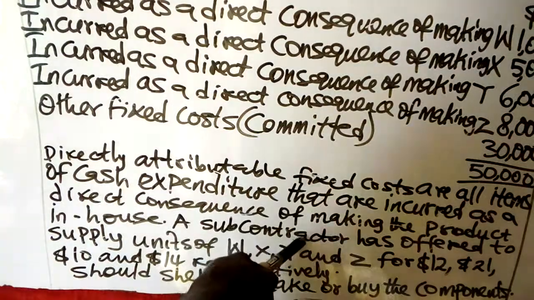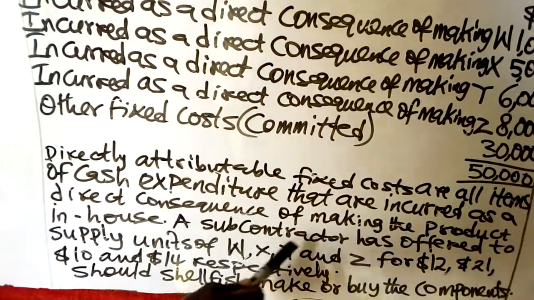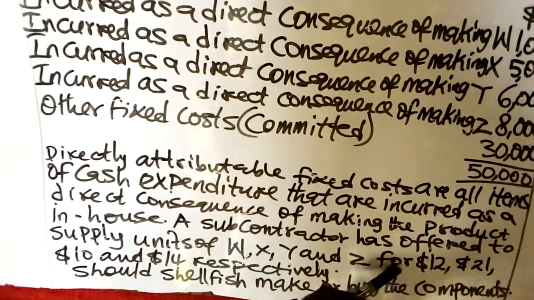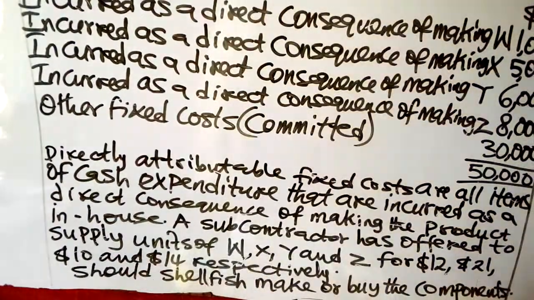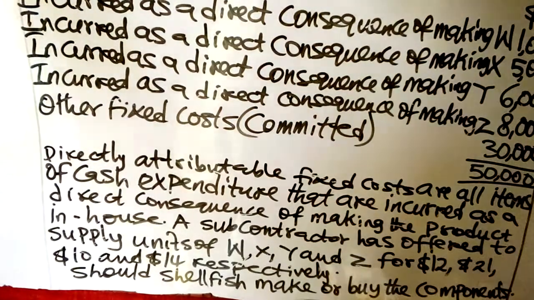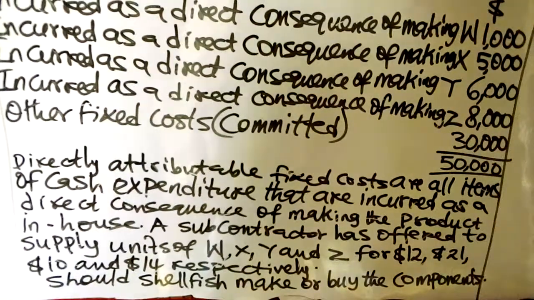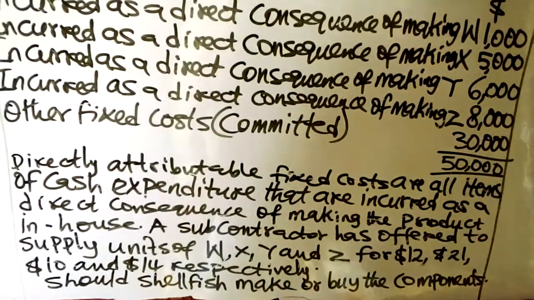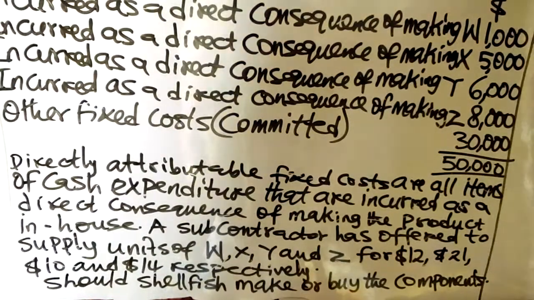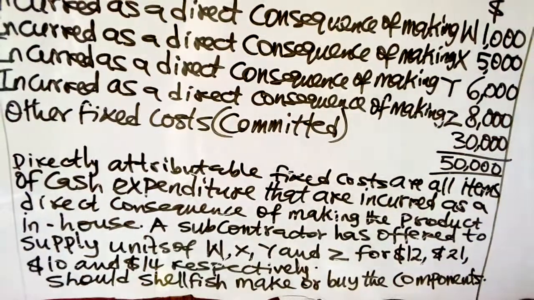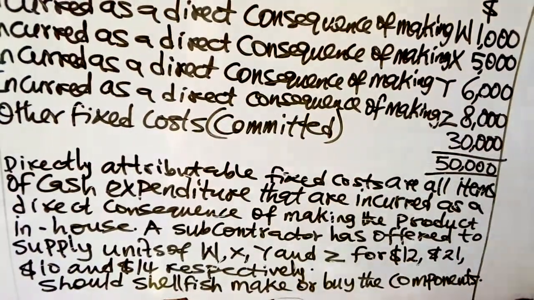A subcontractor has offered to supply units of W, X, Y, and Z for $12, $21, $10, and $14 respectively. The question now: should Shellfish make or buy the components? That is the question. Now, solution.